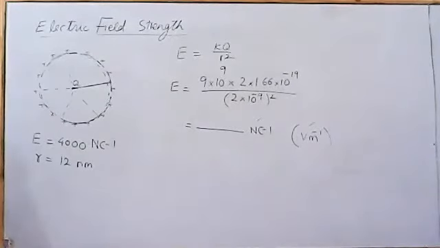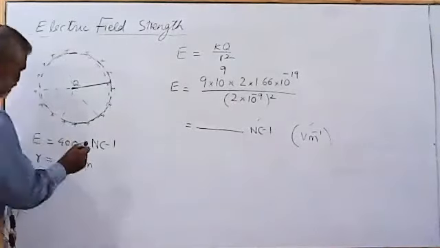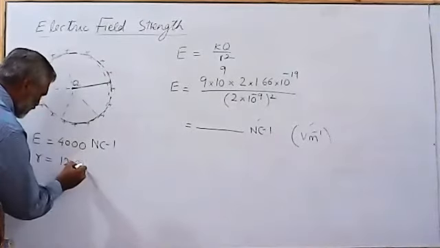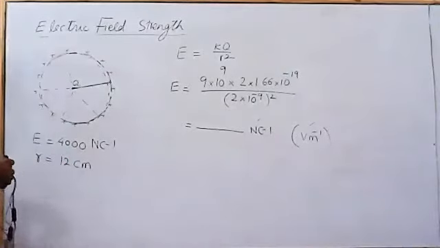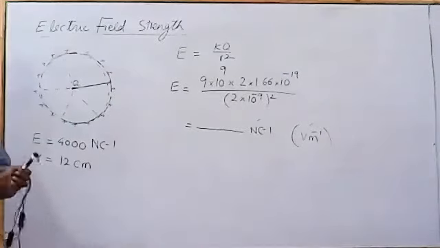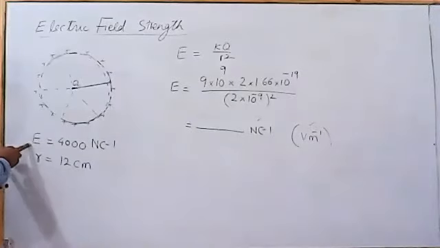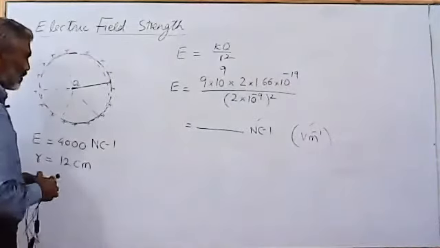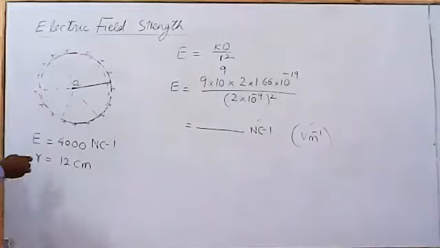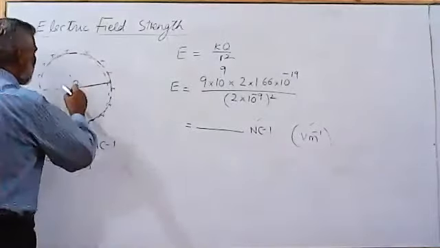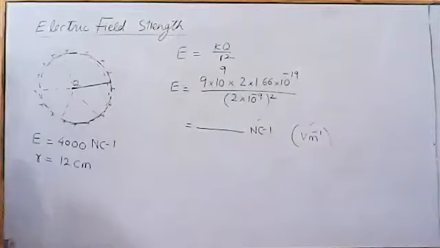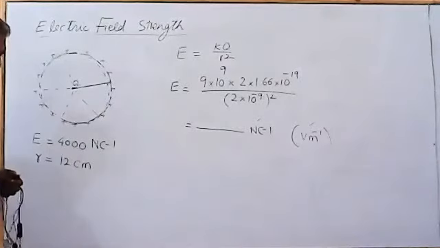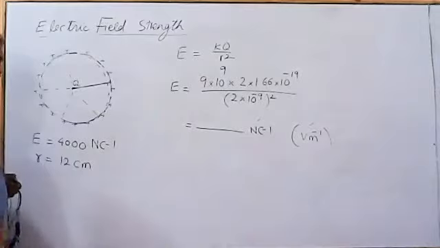Let me check what I have written here. 12 nanometer is too small. Let me make it a more realistic value: 12 centimeters. So this is a reasonably large sphere, 12 centimeters its radius, and the electric field strength at the surface is 4,000 Newton per coulomb. That is already known. The question is, what is the charge which creates this much electric field strength, 4,000 Newton per coulomb, when the radius is 12 centimeters?